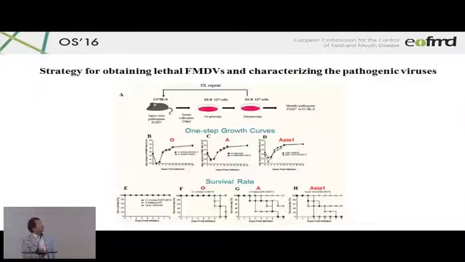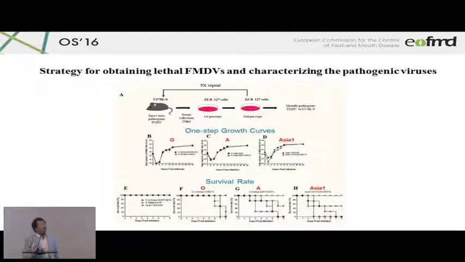We obtained a lethal FMD virus from a non-pathogenic field isolate, which was inoculated into C57 mice. Then we collected samples from the sera and passaged in cells, a second time, and repeated that process 5 times.